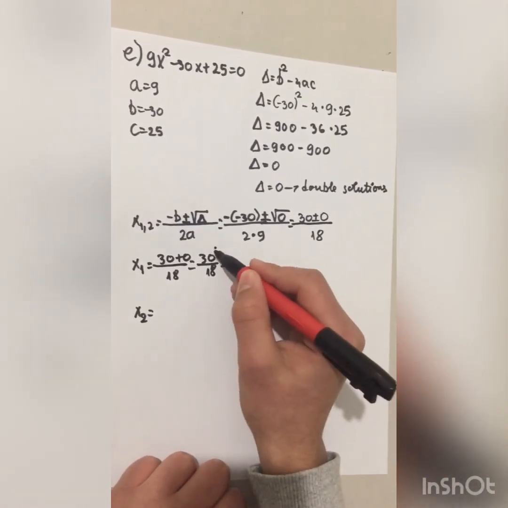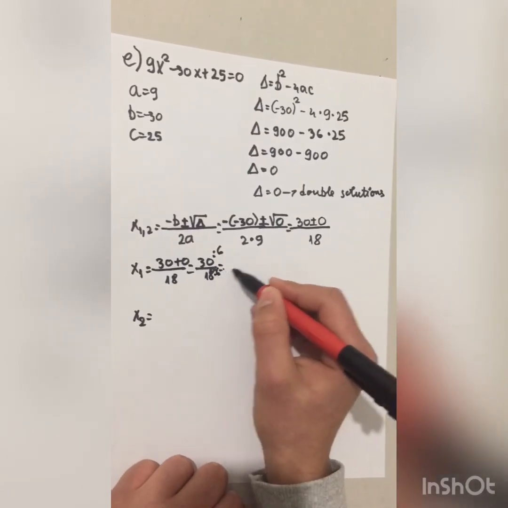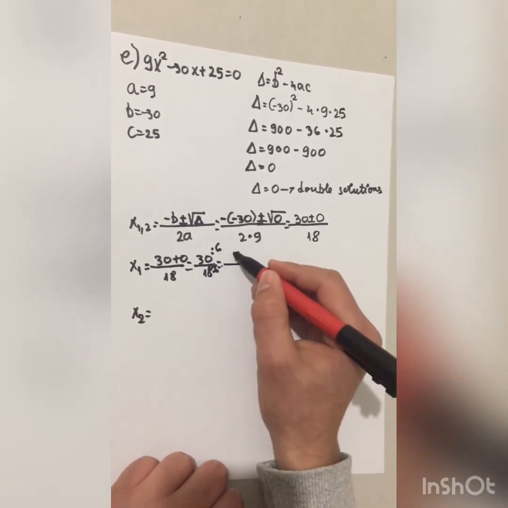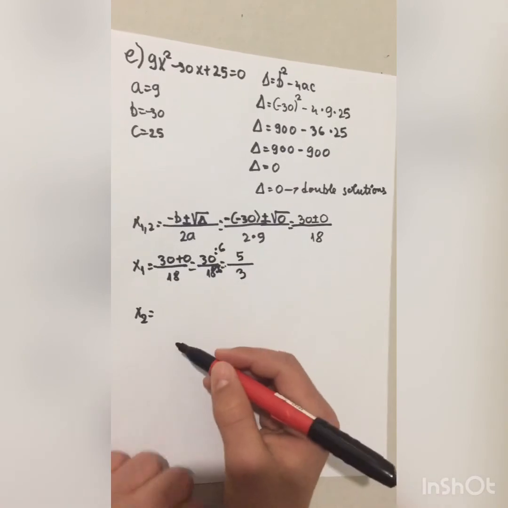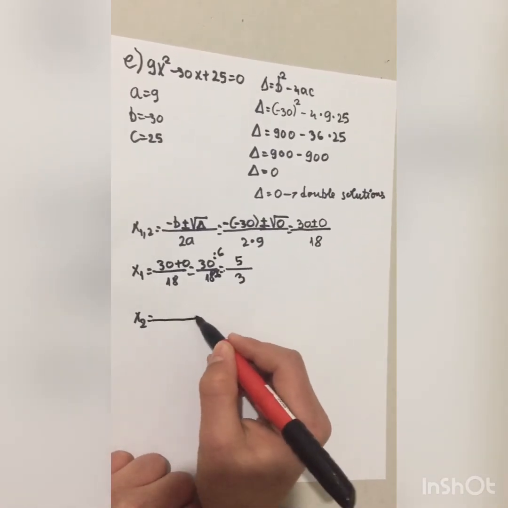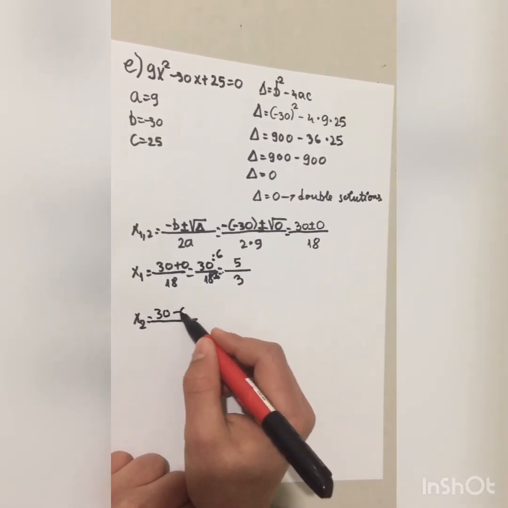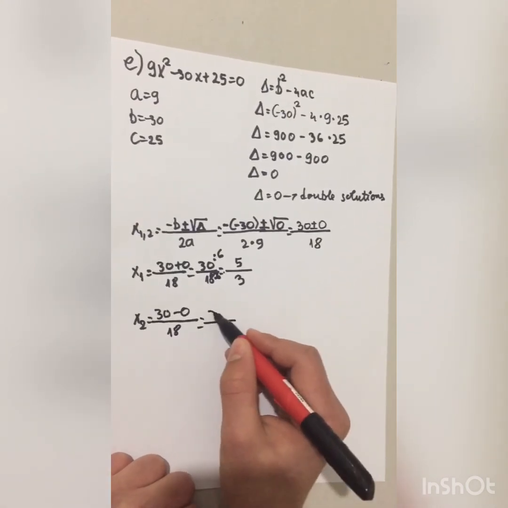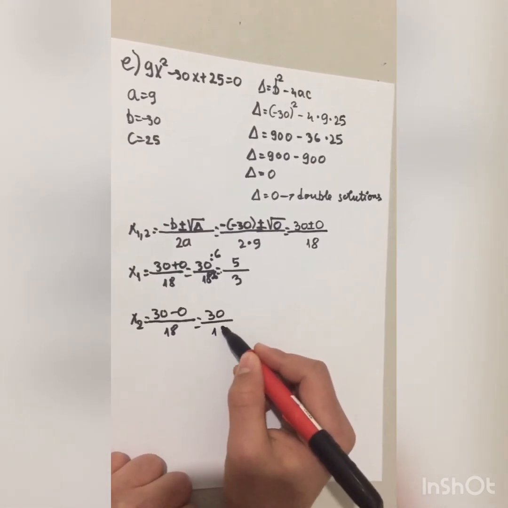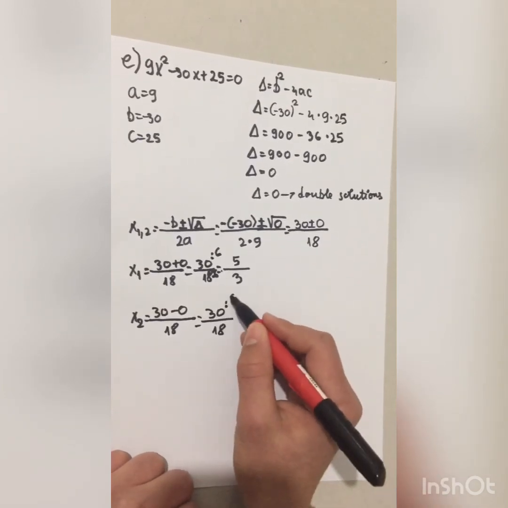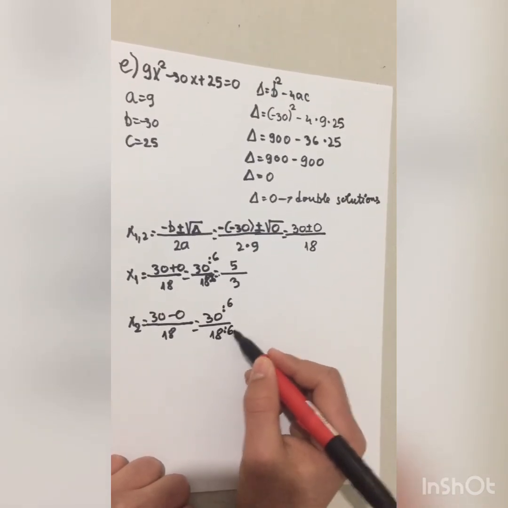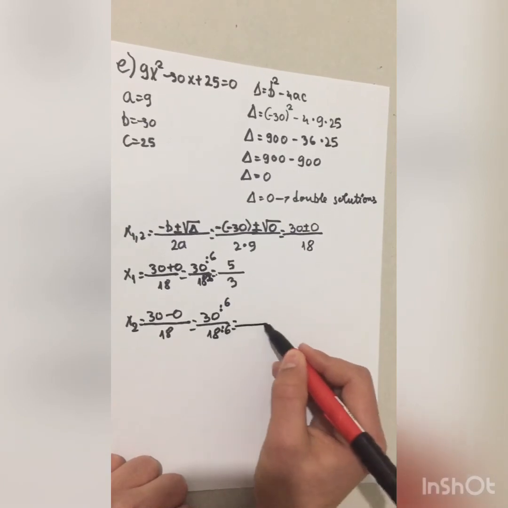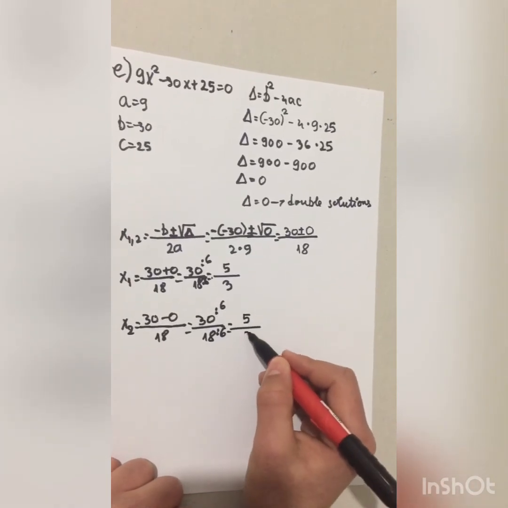We can simplify by 6 and we get 5 over 3. At x2 we have 30 minus 0 over 18, which equals 30 over 18. We simplify this with 6 too, and we also get 5 over 3.